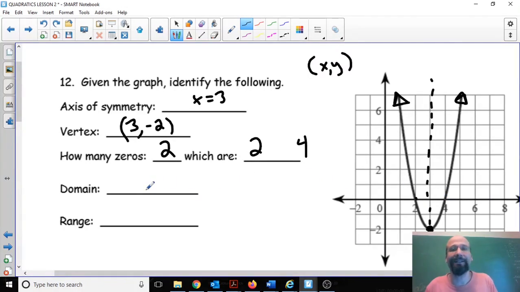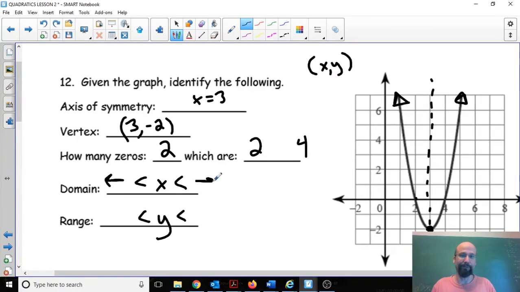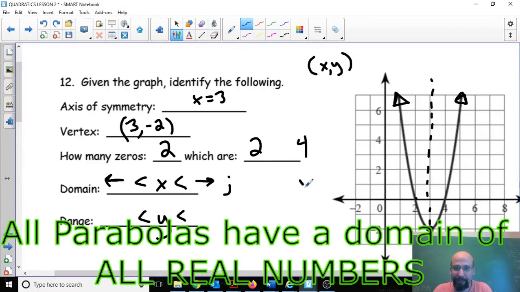Domain, we're really getting back to some older stuff now. The domain is the x. And range is y. Remember, for domain, you look at the furthest point to the left and the furthest point to the right. So in this one, the furthest point to the left is an arrow. So that means it's -infinity.